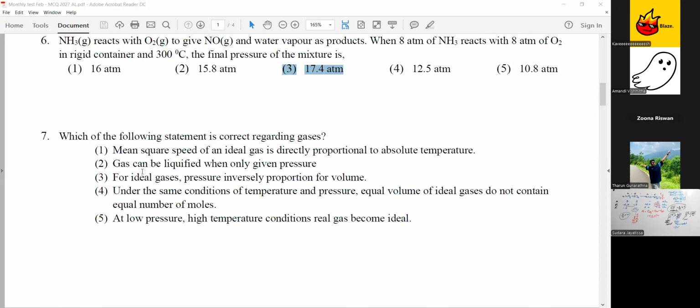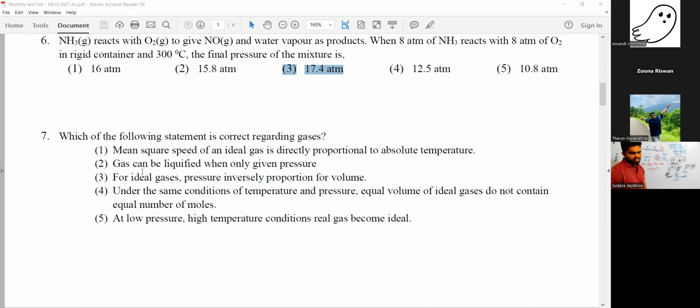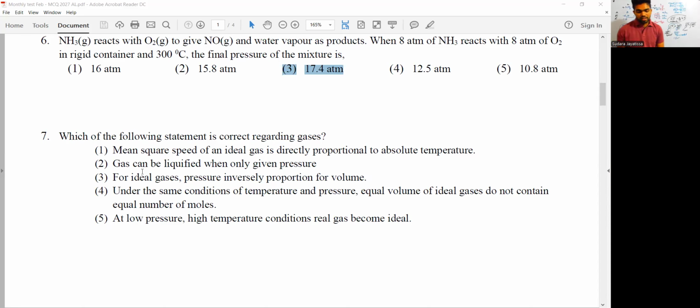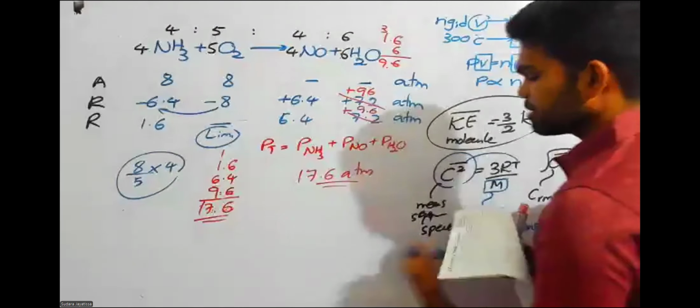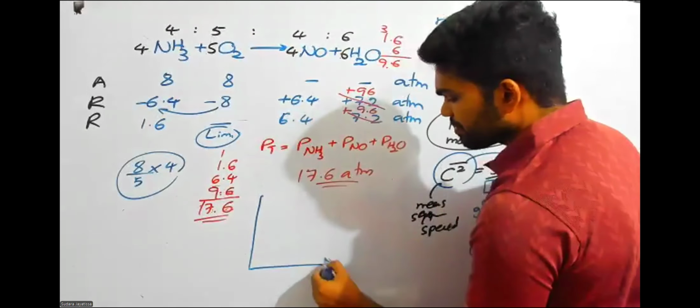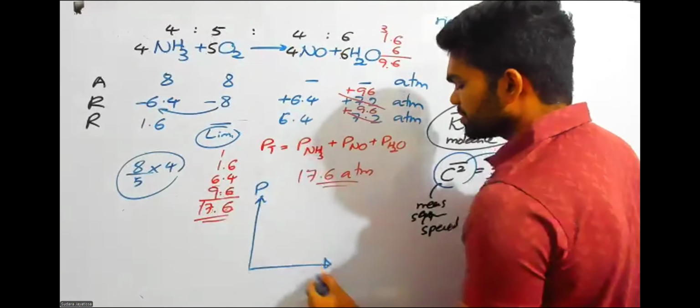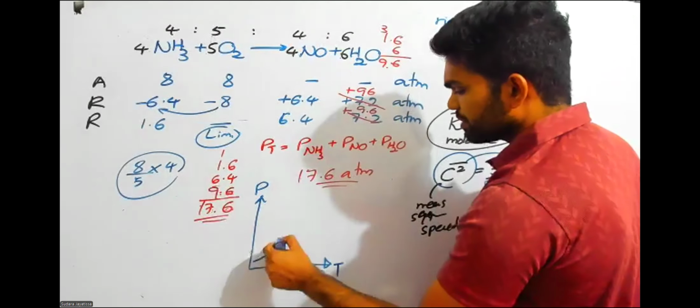Okay, good. So now look at the second statement. Let's see why it is wrong. Gas can be liquefied only by applying pressure. It's wrong, right? You can liquefy gases by cooling also. Remember our phase diagram? Phase diagram in between pressure and temperature. You can draw the phase diagram.